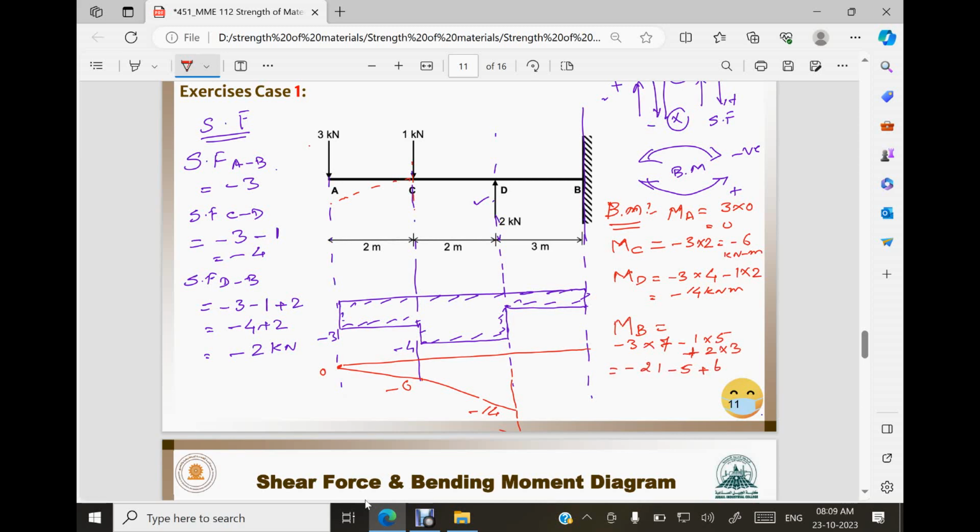So 1 into 5, that's fine, 3 into 7, that's also okay, and 2 into 3, that is 6.